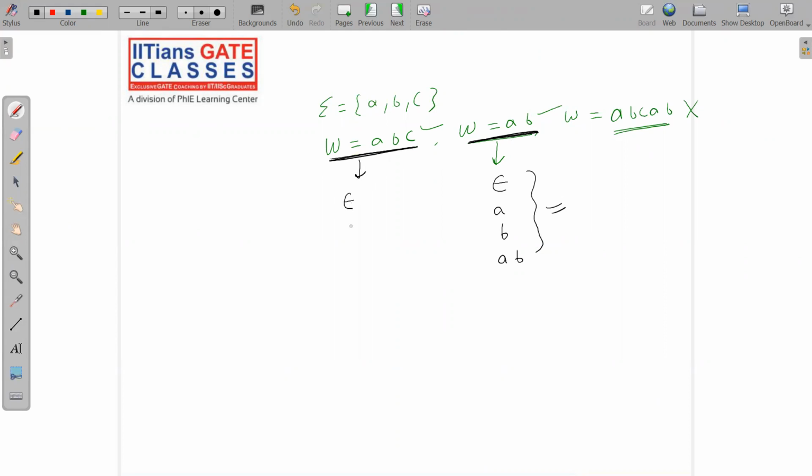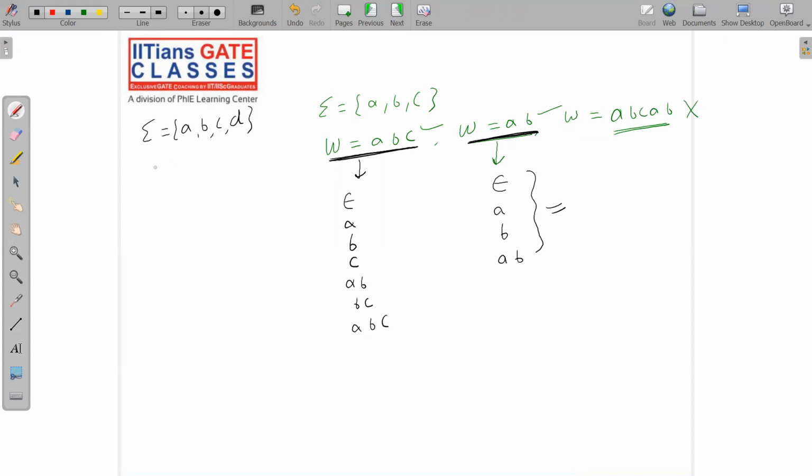Substring of length 0 is null. Of length 1 are A, B, C, three strings. Of length 2 are AB, BC. Of length 3, ABC. Let's take sigma as A, B, C, D.